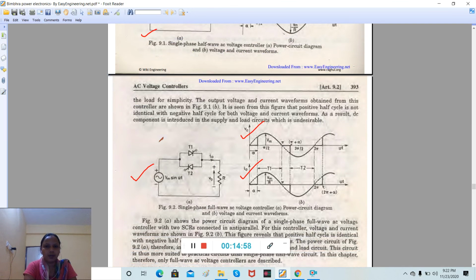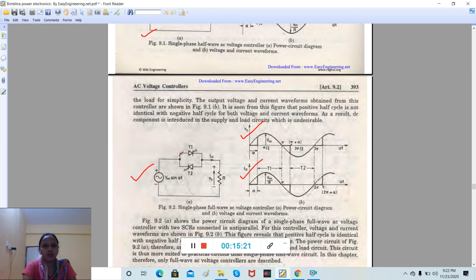What happened here? When the positive half cycle appears across here, thyristor T1 is forward biased, then thyristor T1 is fired at an angle alpha. Once thyristor T1 is turned on, we get this output waveform up to pi.